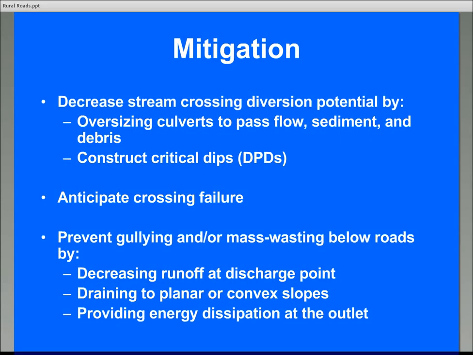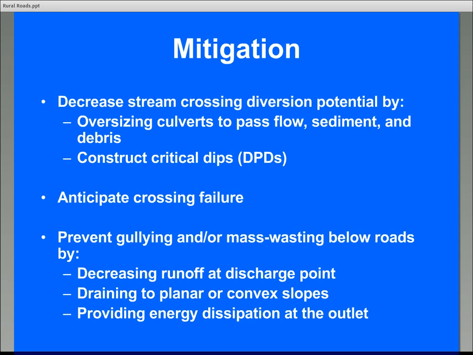And then we also want to manage the use of our roads during the wet season, because once you start getting rutting on the road surface, it can start breaching your drainage structures, and it just increases the erosive power of runoff. We want to decrease the likelihood of stream crossing diversion by oversizing culverts to pass flow, sediment, and debris.